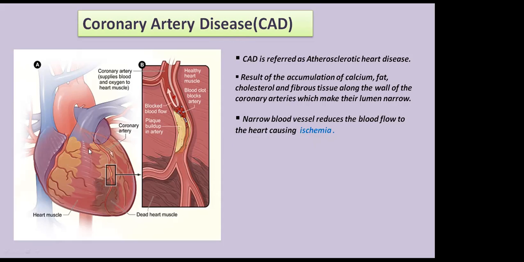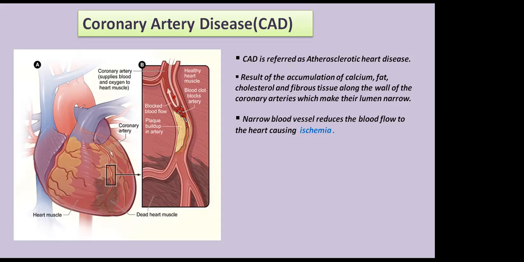And the reasons why the heart is supplied with low oxygen and low nutrients: the first cause for coronary artery disease is severe anemia. What is anemia? Anemia means less amount of hemoglobin present in the blood.